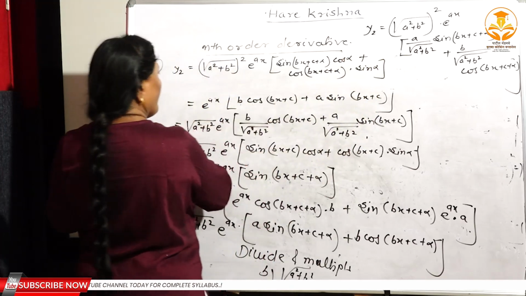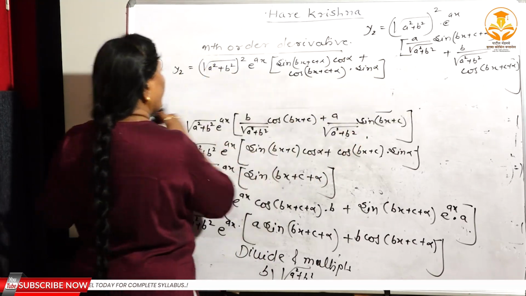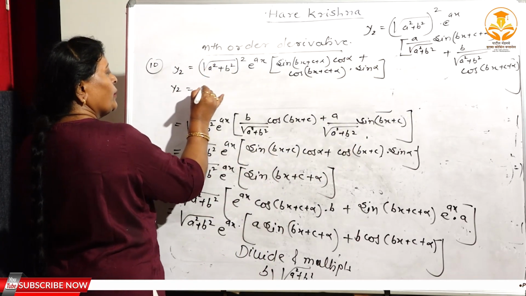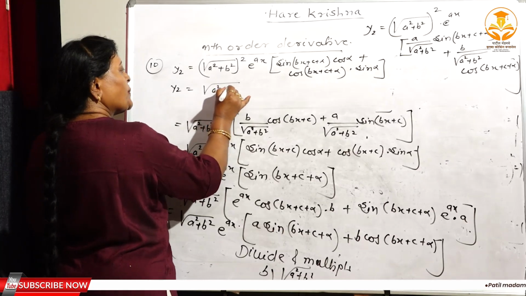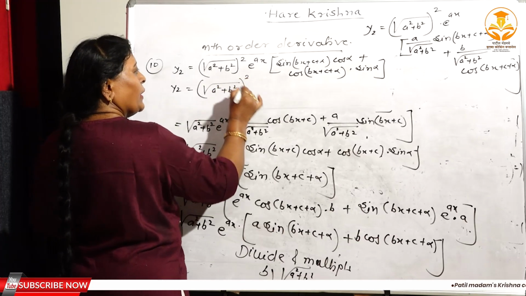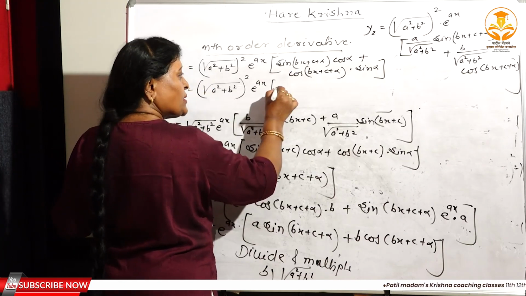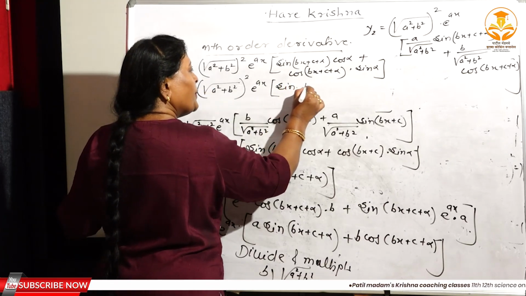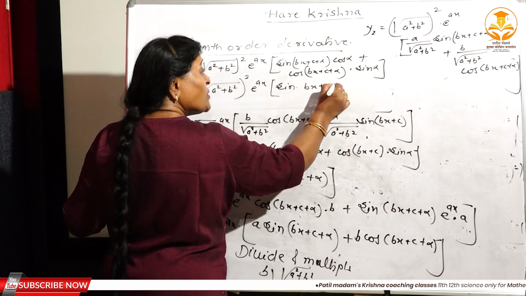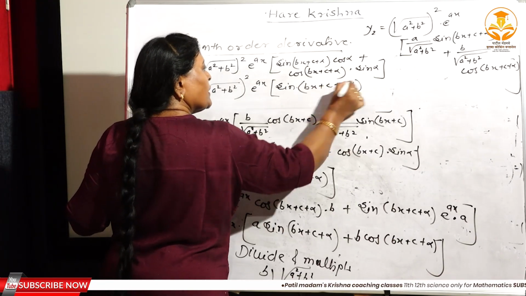And again if you observe this, this is the formula of sin a cos b plus cos a sin b, so y2 is equal to root of a square plus b square whole square, e raised to ax, sin of bx plus c plus 2 alpha, isn't it?